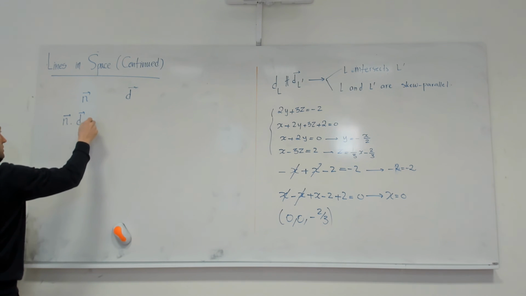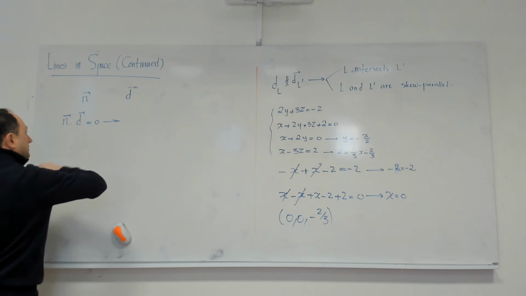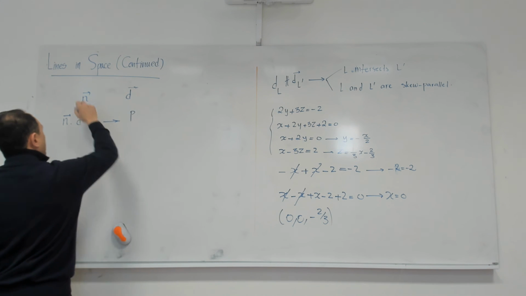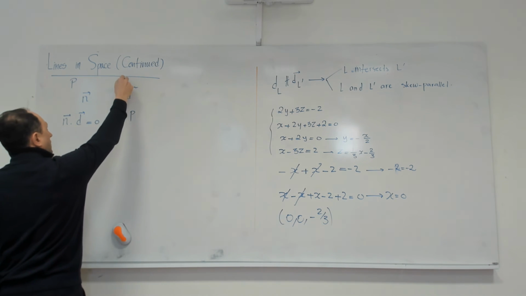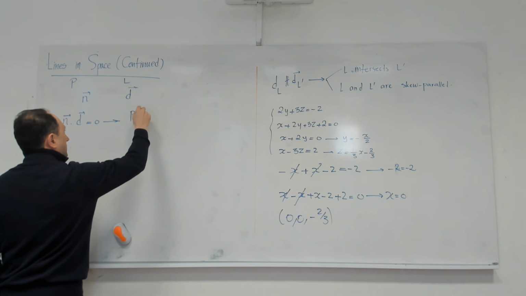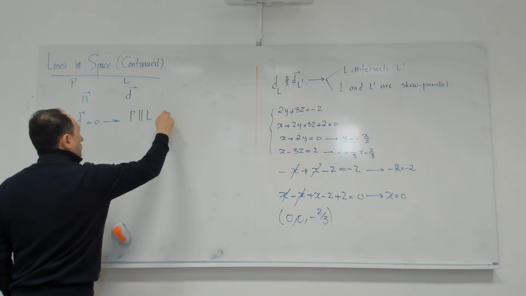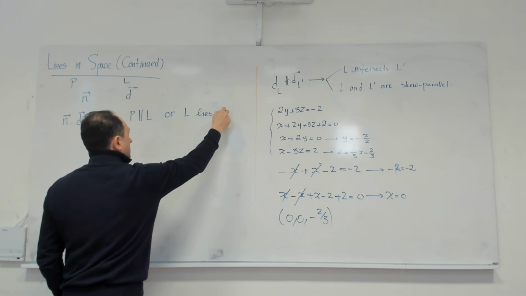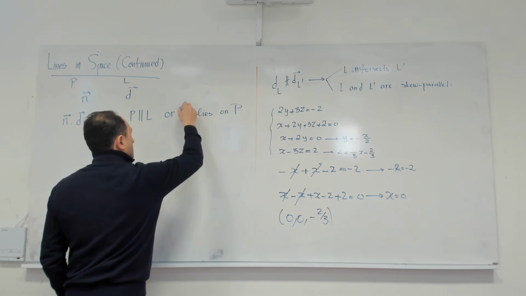If this becomes 0, then it means what? The plane, if I call it plane P, if I call it line L, then the plane P is parallel to L, or L lies on P. Yes?